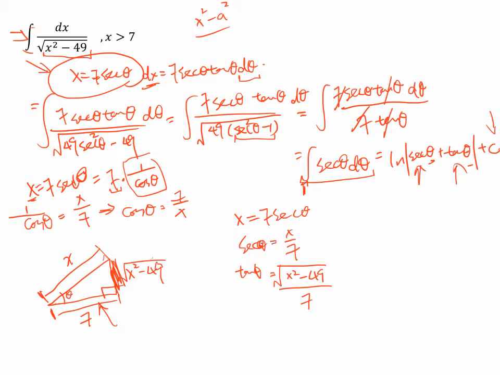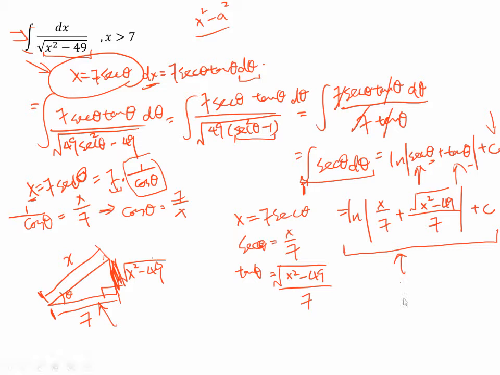Then plug into my answer: natural log of the absolute value of x over 7 plus the square root of x squared minus 49 over 7, plus c. So this is my final answer with no theta in it, which is fine.